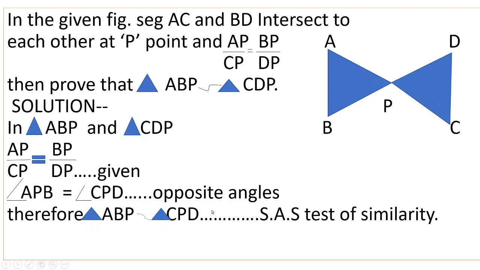In this diagram we show the ratio of both sides, which is already given in the example, is equal, and one angle, the opposite angle, we show equal. So by side angle side, both triangles ABP and CPD become similar.